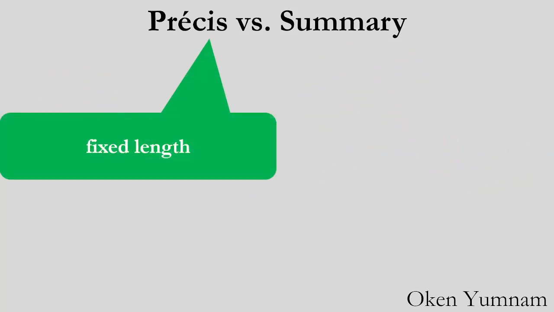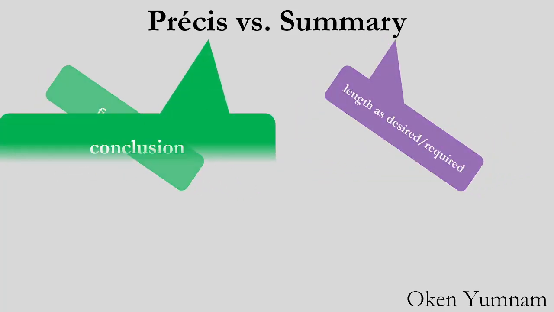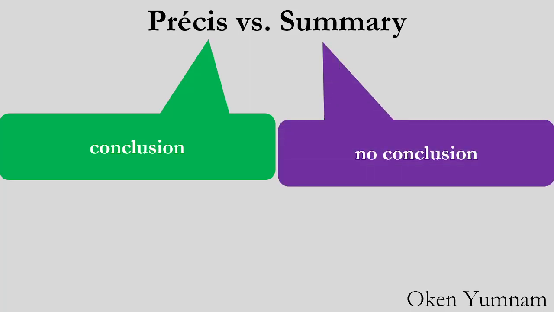In Précis writing, the length is fixed, as we know earlier it is one third of the original text, but in summary, length is not fixed. We write as required or desired. In Précis writing, we have to bring it to a conclusion and it contains a concluding sentence, but in summary, a conclusion is not required.